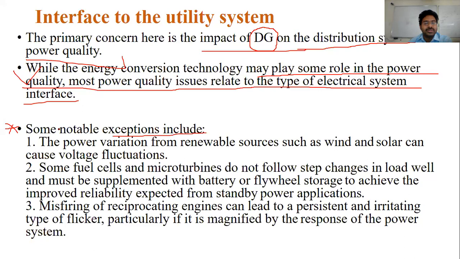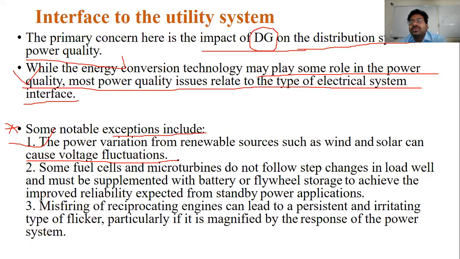Now see this first point: the power variation from renewable sources such as wind and solar causes high voltage fluctuations. Why? These are not constantly injecting power into the grid. It is based on how wind and solar work, based on the climatic conditions, based on nature. Wind is more at nighttime, and solar is more in the morning time.